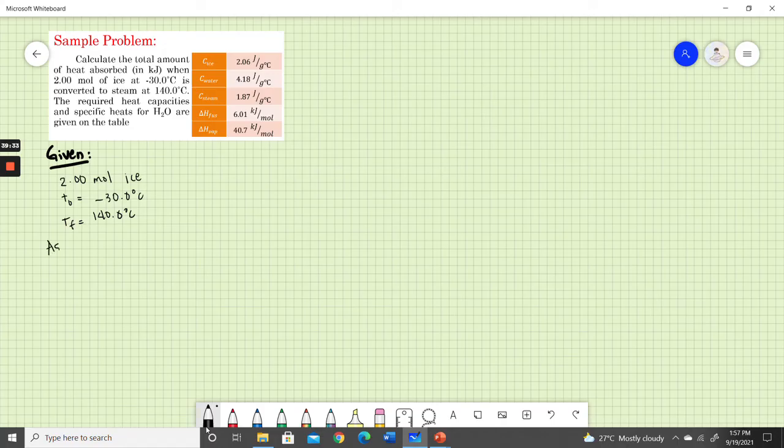What is being asked in this question is to measure the total heat, the Q total. So how are we going to do that? We have to use all our 5 formulas.